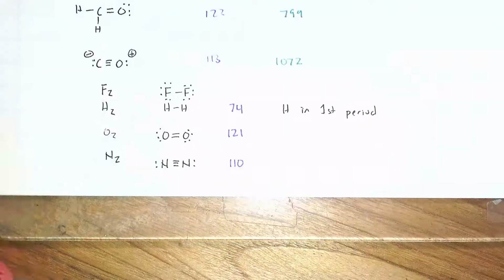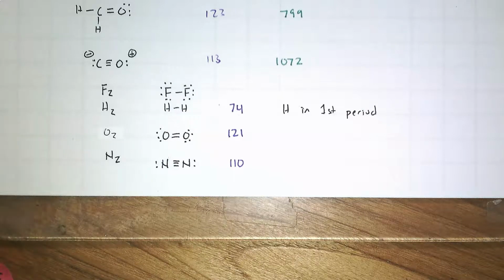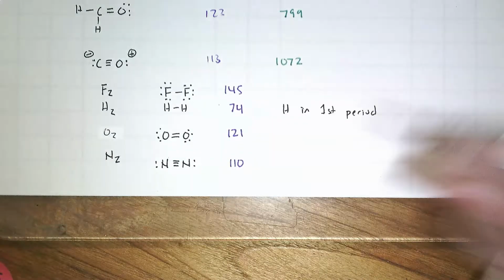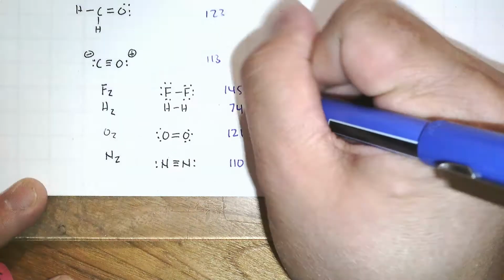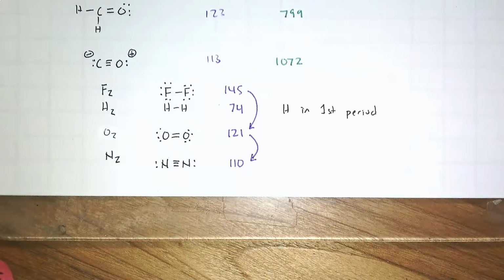They're different atoms, but at least they're all in the second period. F, O, and N. Let's see, F bond length. There we go, 145. The bonds are getting shorter when we go from fluorine-fluorine single bond to oxygen-oxygen double bond to nitrogen-nitrogen triple bond.